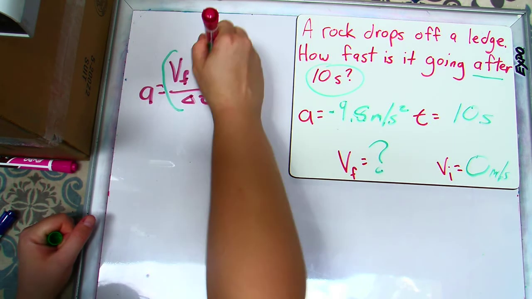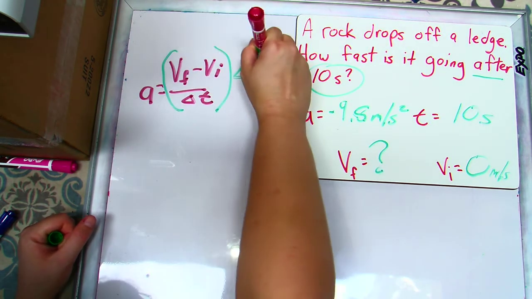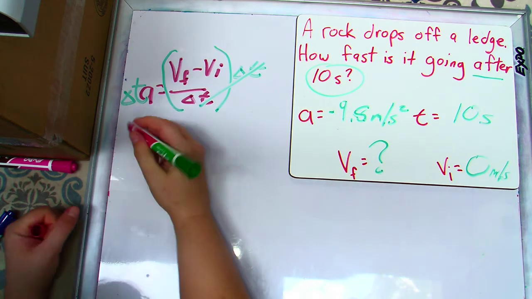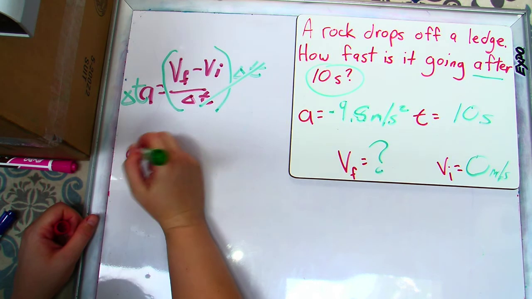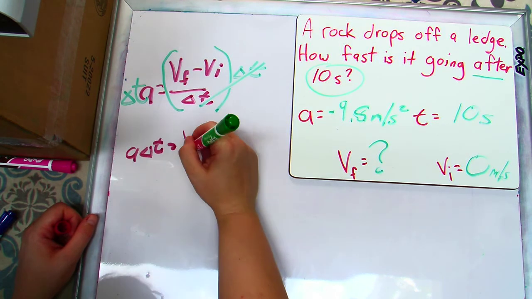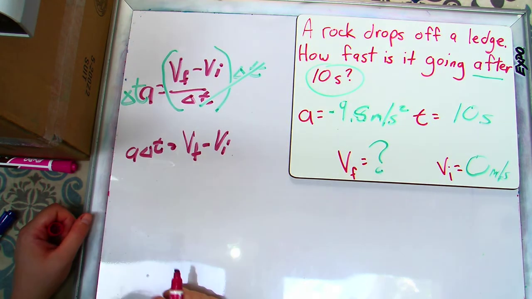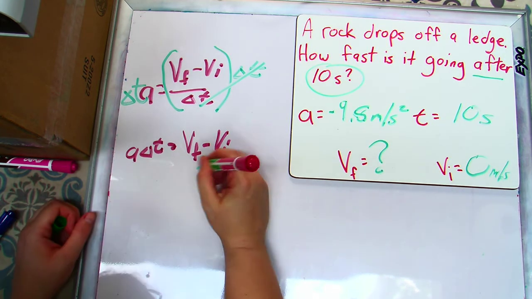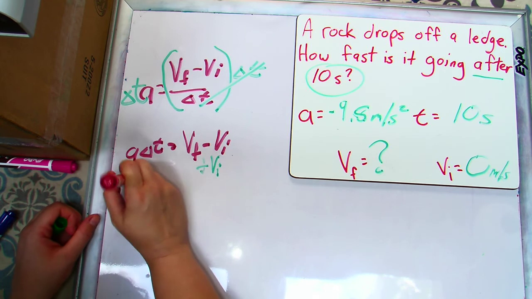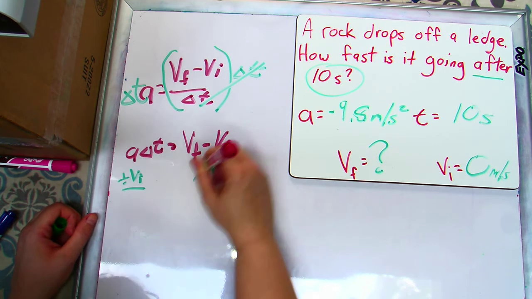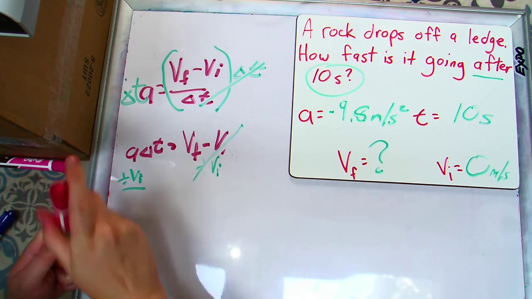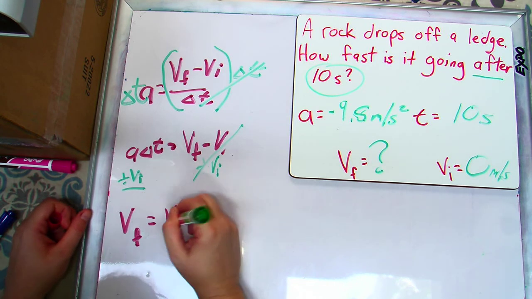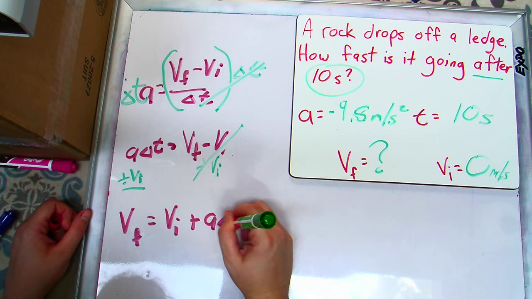We're going to multiply both sides by time to get it out from under the fraction. We're left with acceleration times time equals Vf minus Vi. Again, I want Vf by itself, so I'm going to add Vi to both sides. Cancel it out there, and we're left with Vf equals Vi plus a times delta t.